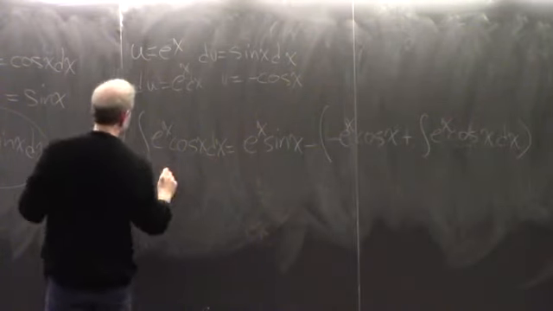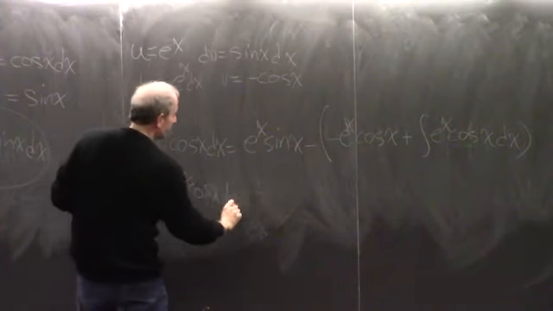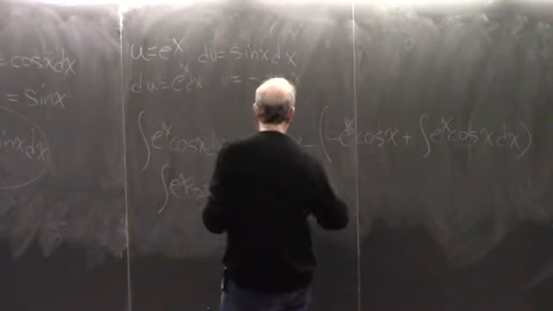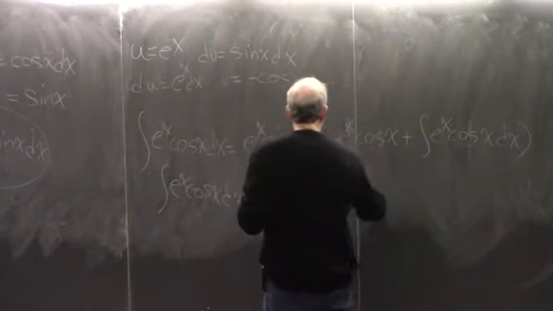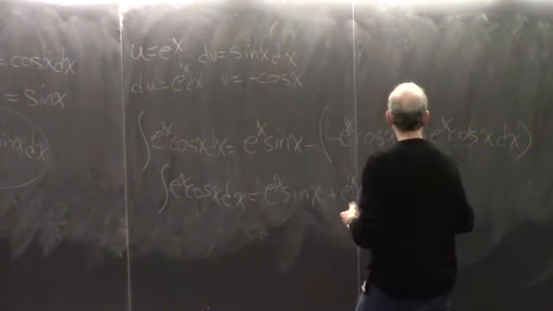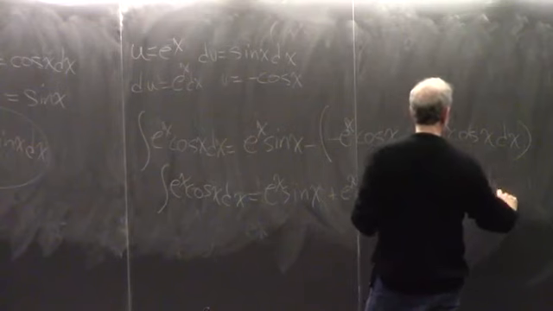So this equals e to the x sine x plus e to the x cosine x minus the integral of e to the x cosine x dx.